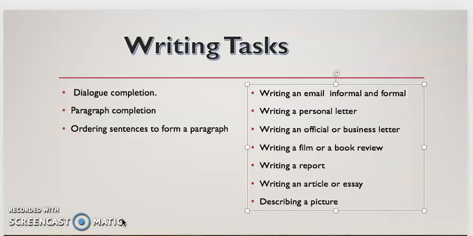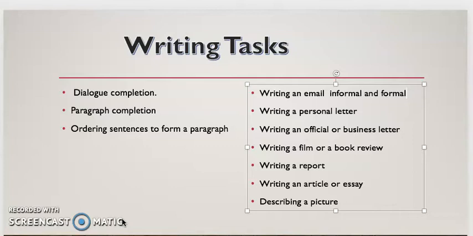In this kind of writing, what you need to do is to pay attention to the linking words in the sentences, because they give you a clue which sentence to put first and which one to put after. For example, first, next, after that. Or maybe you can have dates, and these dates can help you to find which one is first, which one is after, and so on.